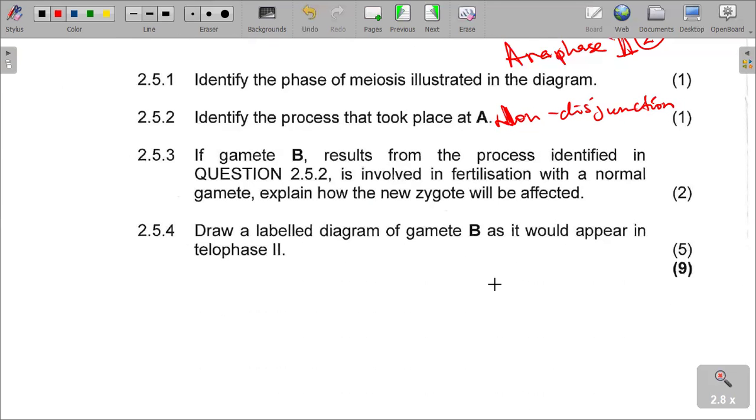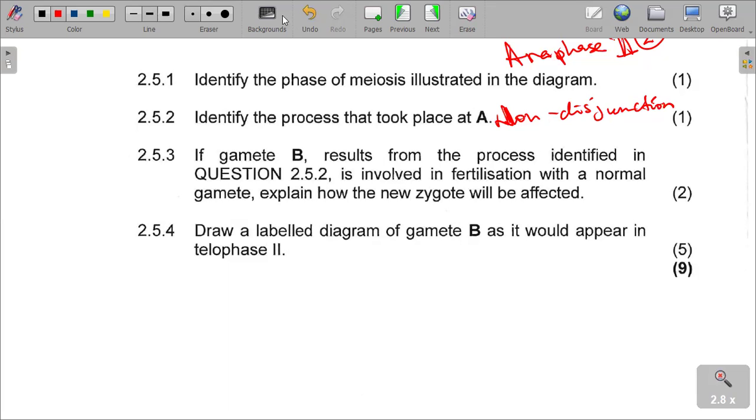And then: if gamete B results from the process identified in question 2.5.2 above, and is involved in fertilization with a normal gamete, explain how the zygote will be affected. Basically, what you are asked here is that you need to understand the consequences of non-separation of chromosomes.